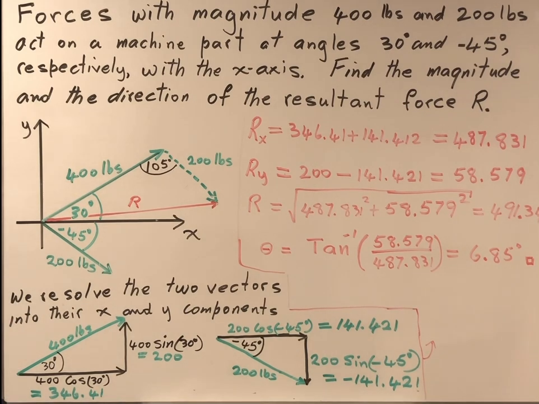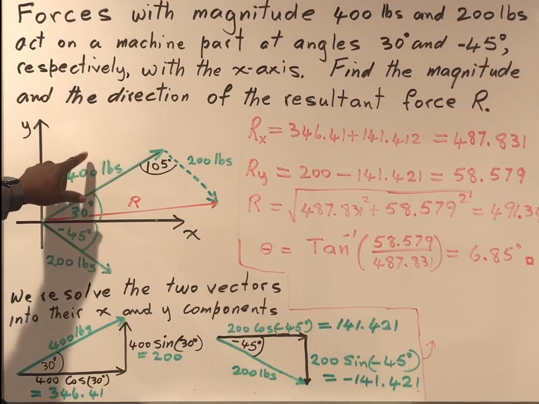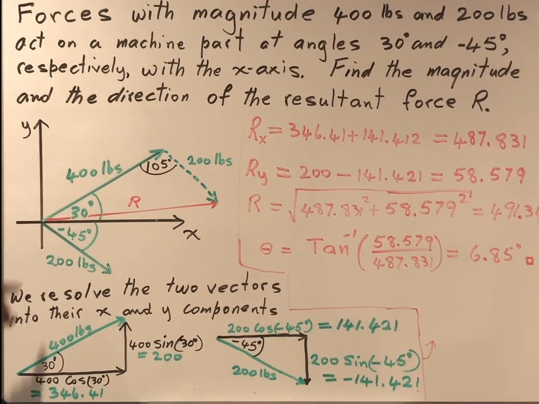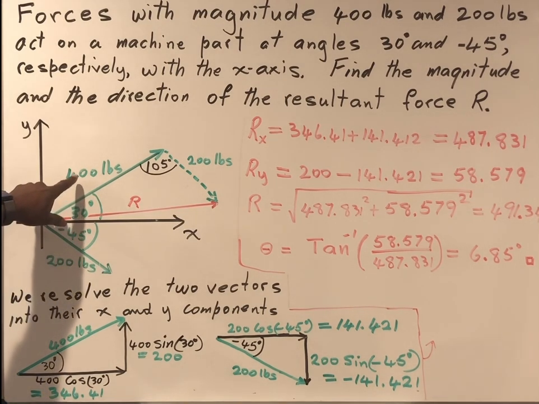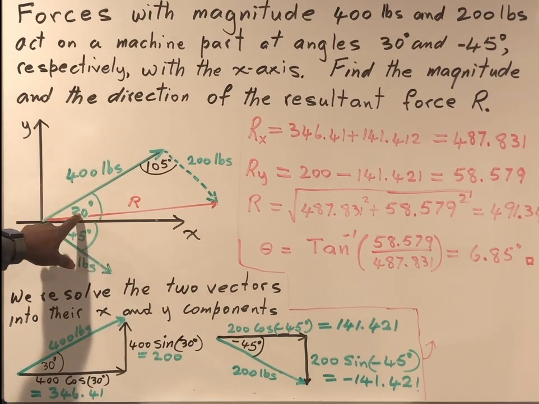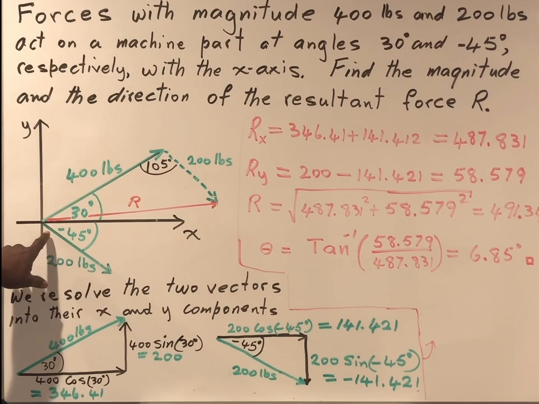The first thing that we want to do here is to make a sketch of a diagram of the problem. So here we have the 400 pound force above the x-axis at 30 degrees and the 200 pound force below the x-axis at negative 45 degrees.